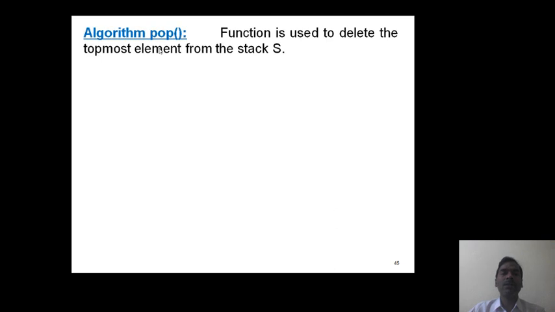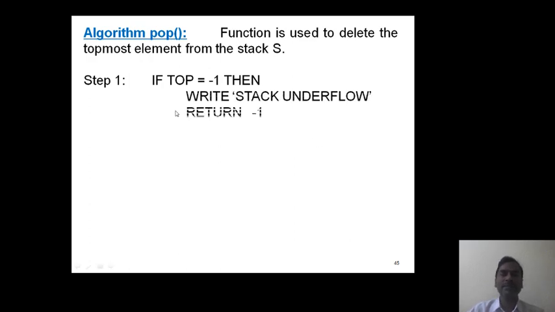Algorithm point of view. Now algorithm pop. This function is used to delete the topmost element from the stack. So first we check whether the stack is underflow or not. So underflow checking. If top equivalent to -1, then print a message as stack underflow.